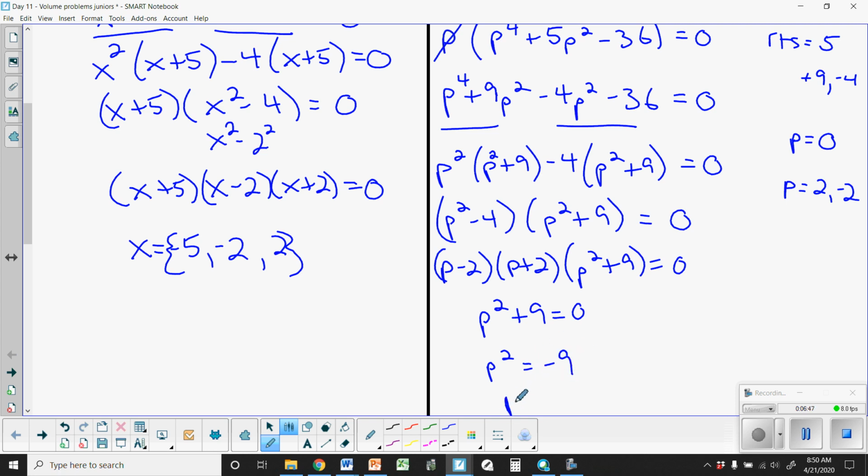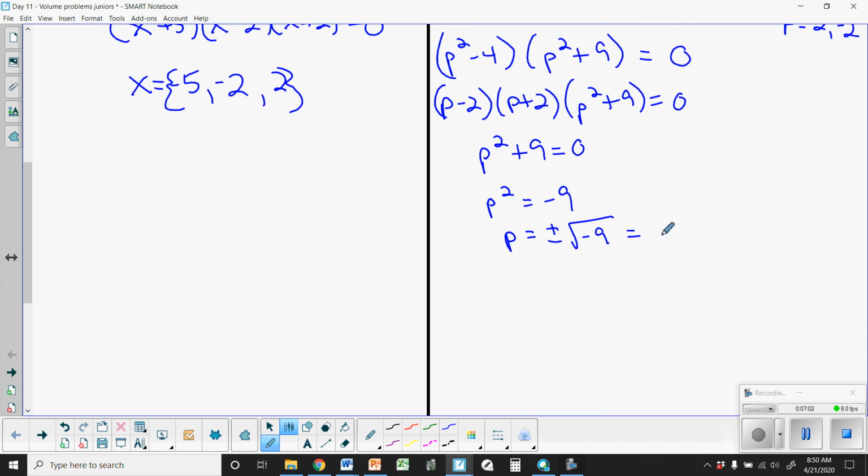So we have p equals plus or minus the square root of -9, which is going to be the same as plus or minus square root of 9, square root of -1, plus or minus 3, and square root of -1 is i.